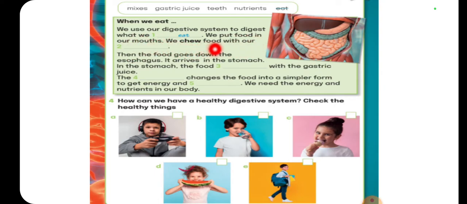We chew food with our teeth. When the food goes down the esophagus, it arrives in the stomach. In the stomach, the food mixes with the gastric juice.